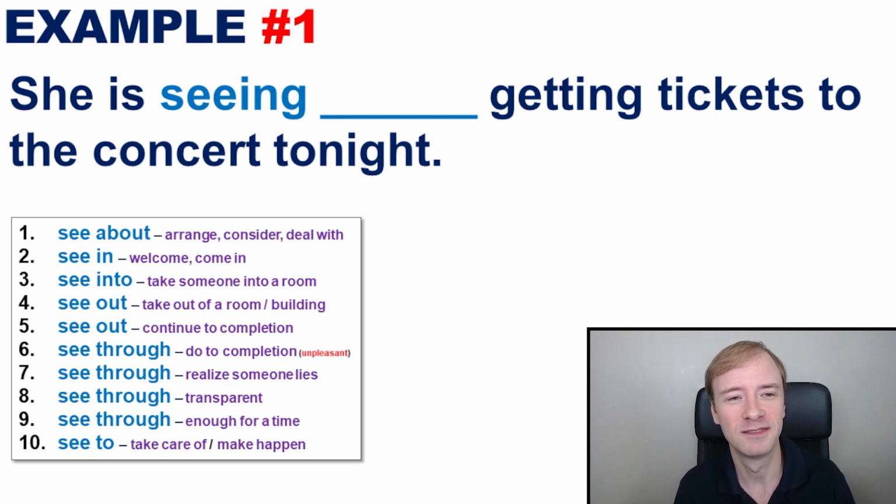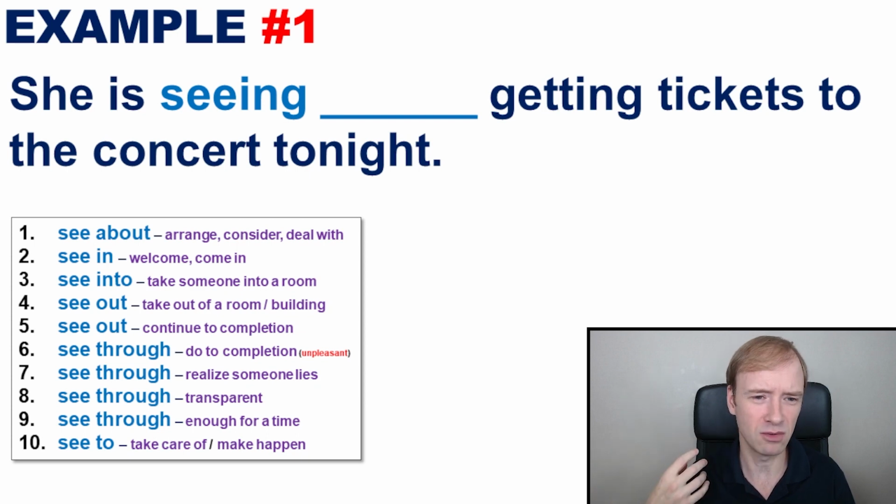Example 1. She is seeing, okay, I changed the grammar here of see. She is seeing getting tickets to the concert tonight. So we have to choose which phrasal verb it is. See about, arrange, consider, deal with. See in, welcome, come in. See into, take someone in the room. See out, take someone out.